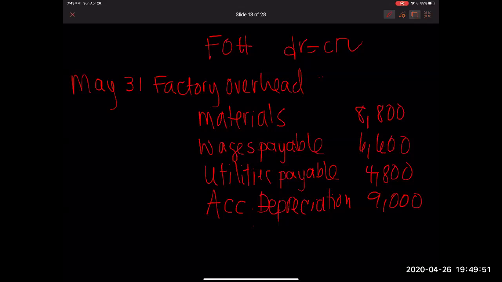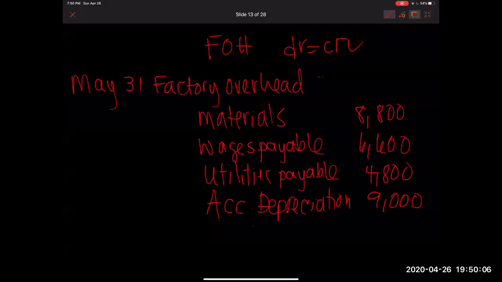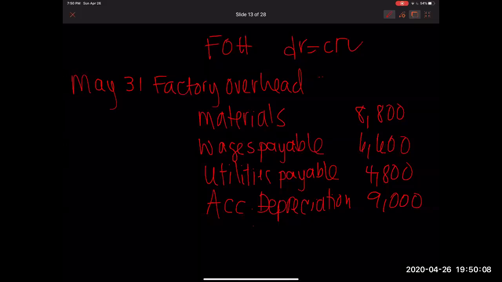So we add up our materials of 8,800, plus our wages payable of 6,600, plus our utilities payable of 4,800, plus our accumulated depreciation of 9,000, and you should come up with a debit of 29,200. Hopefully that made sense to you guys. If not, let me know, and we can go through it again.